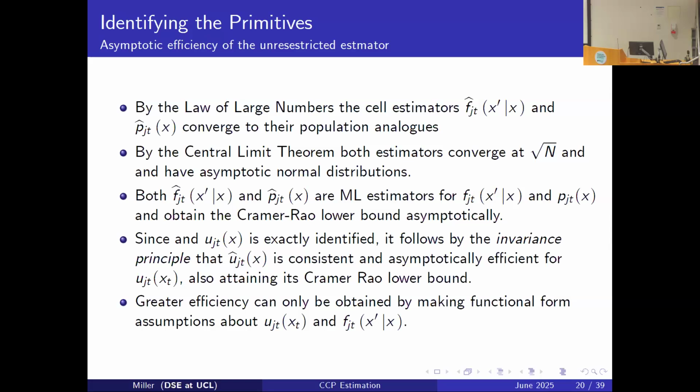The problem is if you don't impose those kind of assumptions on the utility, well then obviously you've got as many utility terms as you have conditional choice probabilities. That's a lot.